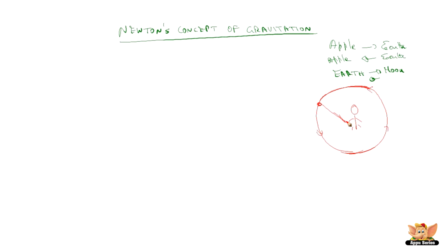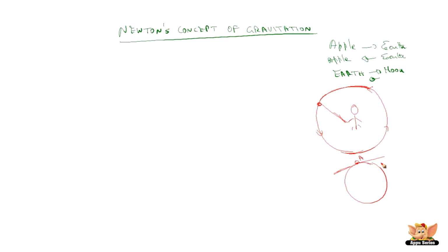Let us say he releases the thread. When he releases the rope, what happens to the object? It moves tangentially. What is the tangent? A tangent is the line that meets the circumference of the circle at only one point. So it starts moving in tangential motion.